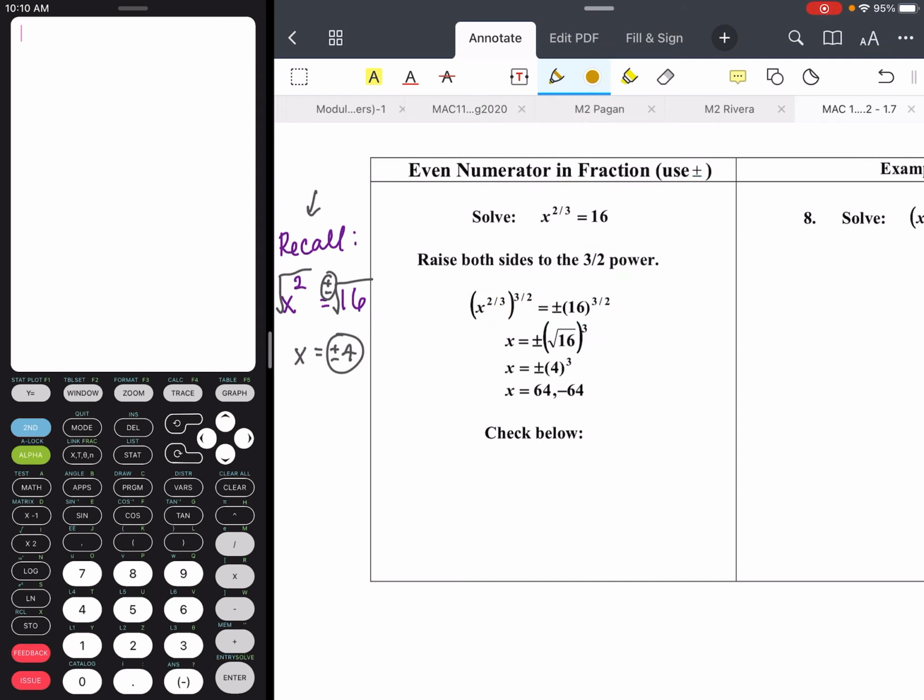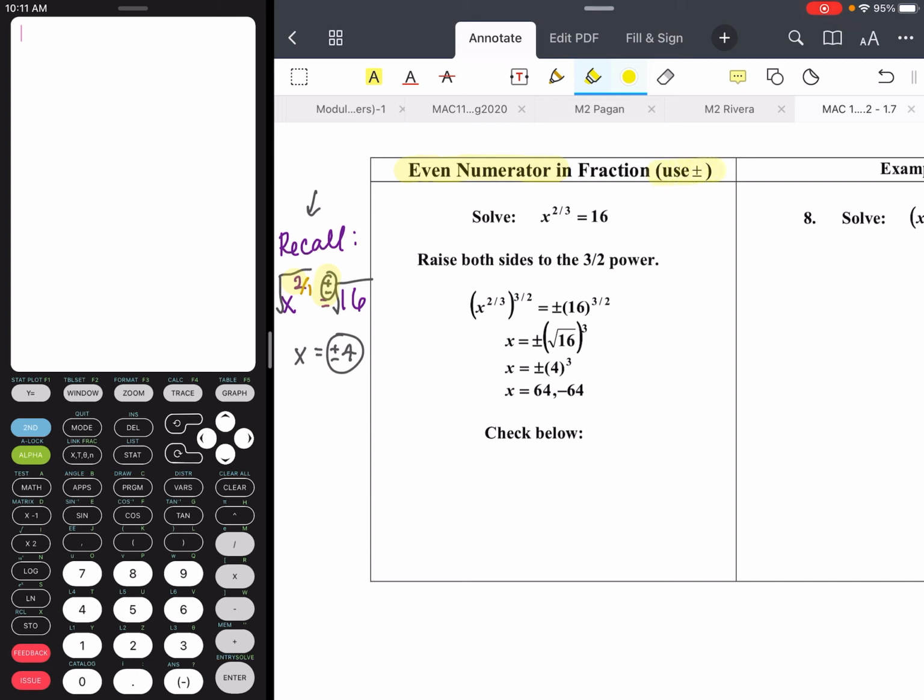So I just want to point out that x to the power 2, isn't that the same thing as x to the power 2 over 1? So if we write it like we have a rational exponent, the numerator, 2, is even. I have an even numerator. That means I'm going to use my plus or minus. Okay.